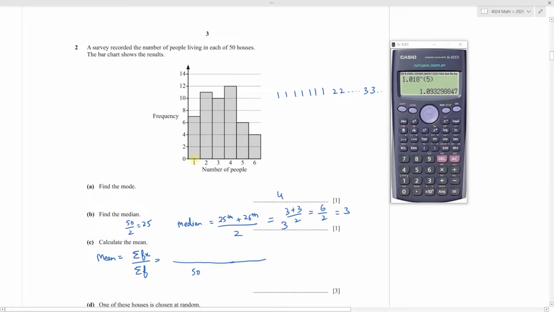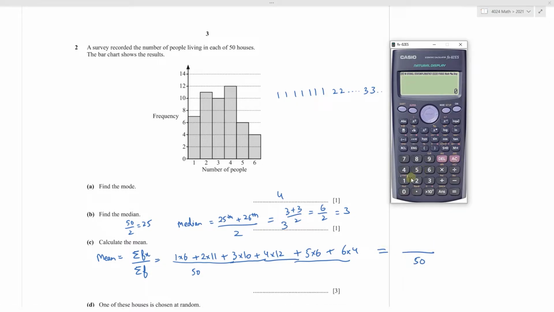In the numerator you have 1 multiplied by 6, plus 2 times 11, plus 3 times 10, plus 4 times 12, plus 5 times 6, plus 6 times 4.